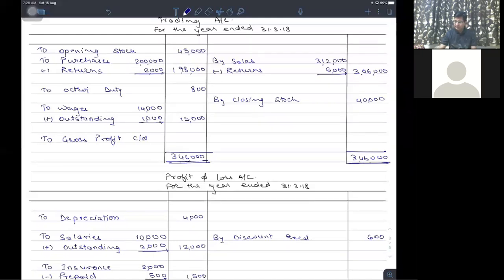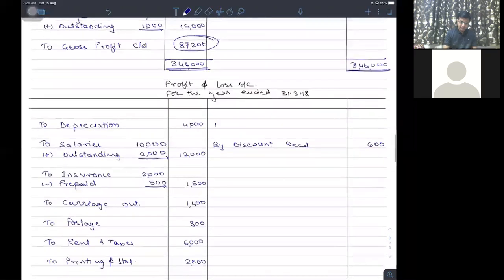So 346 minus 198 minus 60 minus 800, that is 87,200 is your gross profit. This will come into the profit and loss account credit side by gross profit.